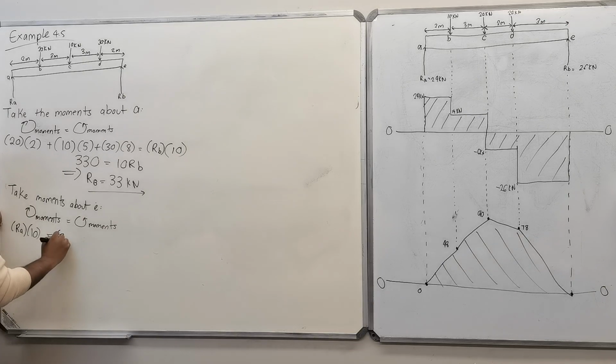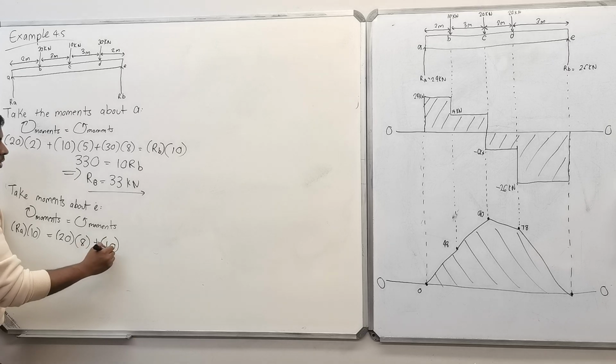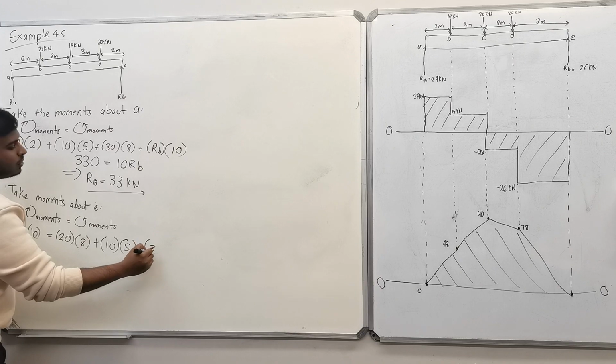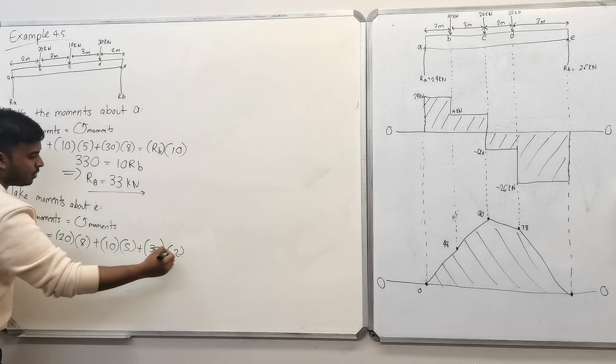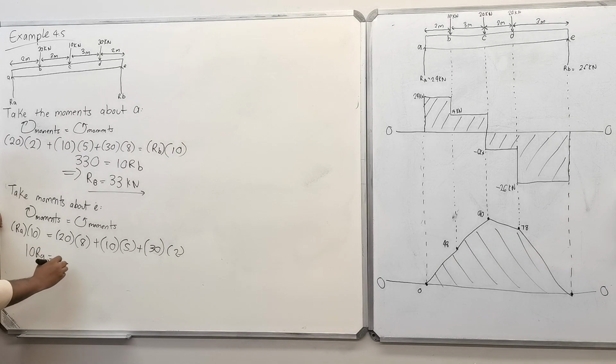So 20 kilonewtons is how far away from E? 8. 10 kilonewtons? 30 kilonewtons? 2. So you end up with 10 Ra equal to 270. Ra is equal to 27 kilonewtons.